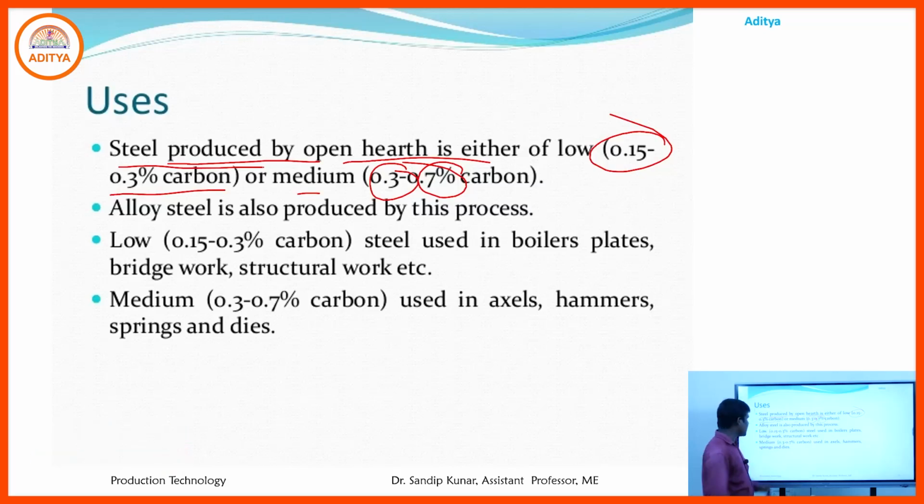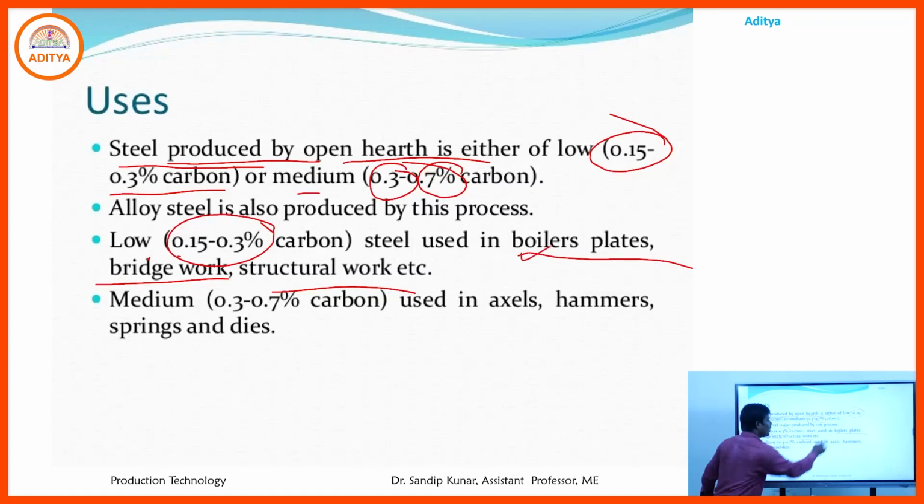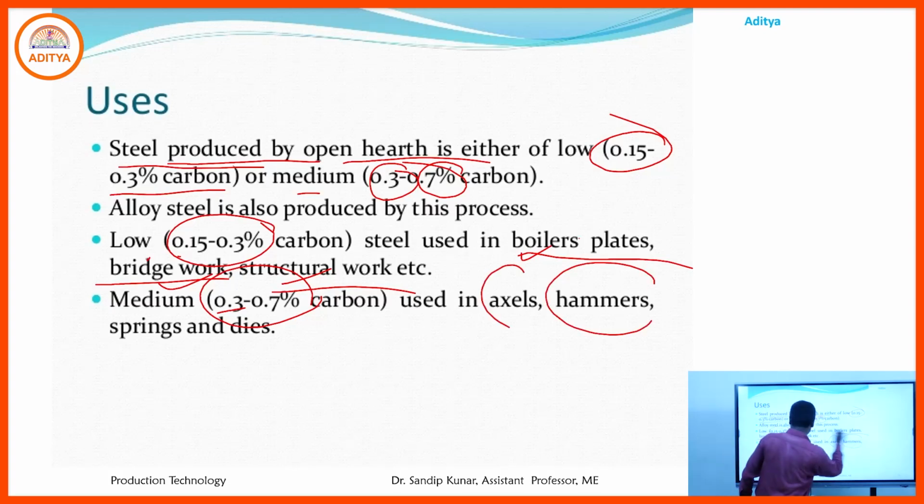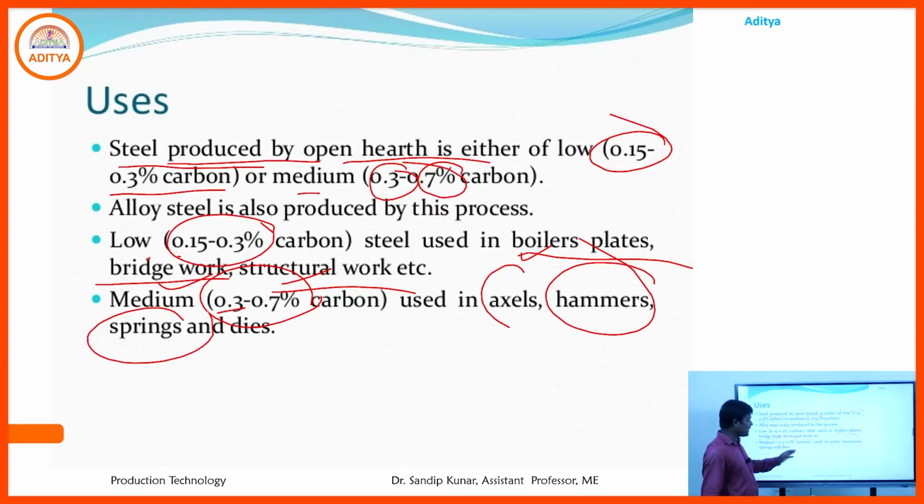Low carbon steel, 0.15 to 0.3 percent, is used in manufacturing boiler plates, bridge work and structural work. Medium carbon steel, 0.3 to 0.7 percent, is used for manufacturing axles, hammers, springs and dies.